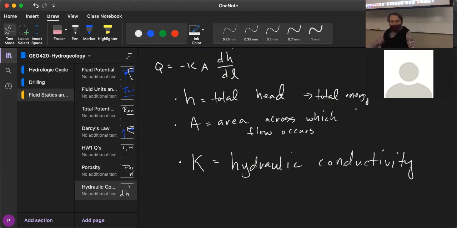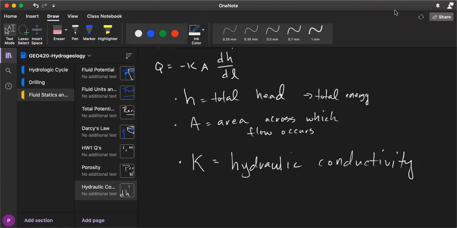All right, so let's do some unit analysis here. Hydraulic conductivity, let's see. H, what's the unit of H? Length. What's the unit of L? Length. So length over length, this is unitless.